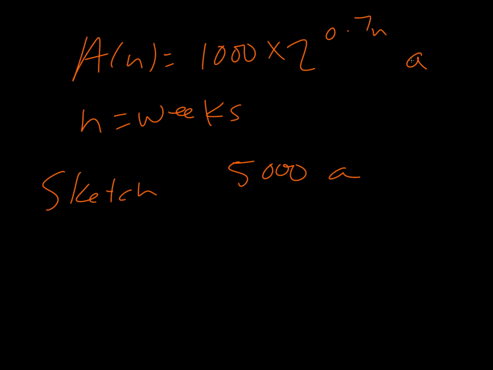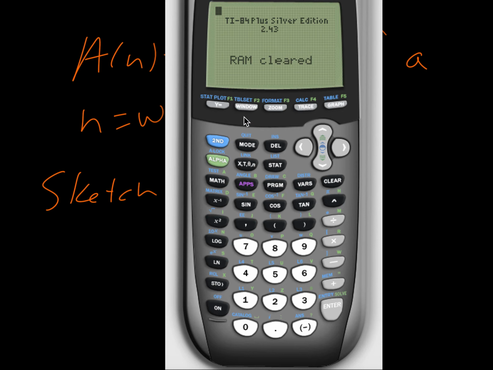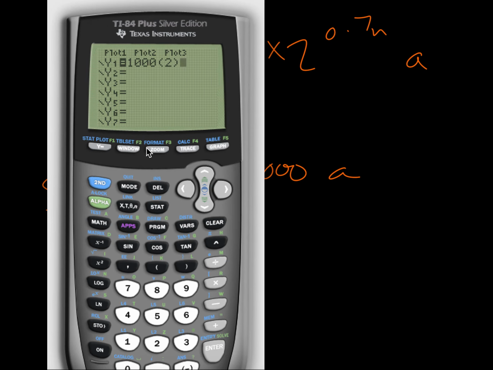Okay, now, so we're going to graph it. So we have 1,000 times 2 raised to the 0.7 x. Just to be safe, let's put this in parentheses.